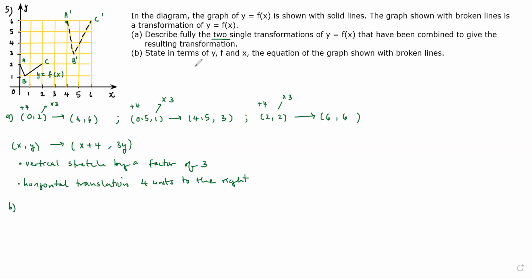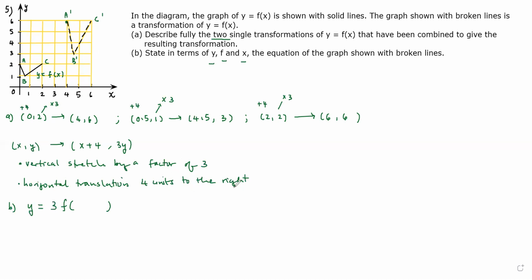Part B: state in terms of y, f, and x the equation of the image. The original function is y equals f(x), and this is the image. So to find the equation of the image, we need to write this in terms of the original equation. Vertical stretch by a factor of 3, we multiply by 3.